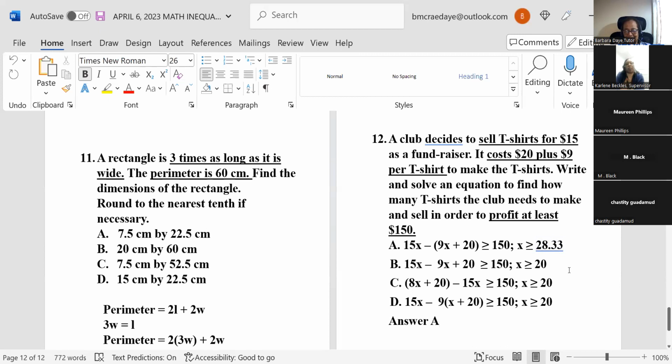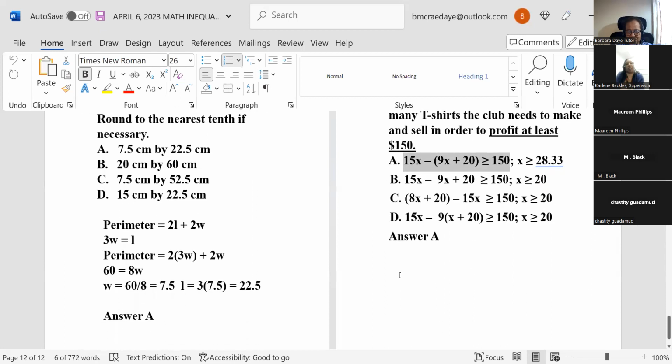Miss Barbara, my concern is how would you get the 28.33? Here's how you get it. Here's the equation. You take this inequality and solve that for X. So this minus is minus 9X, that minus is minus 20. Let's put the proper signs here.